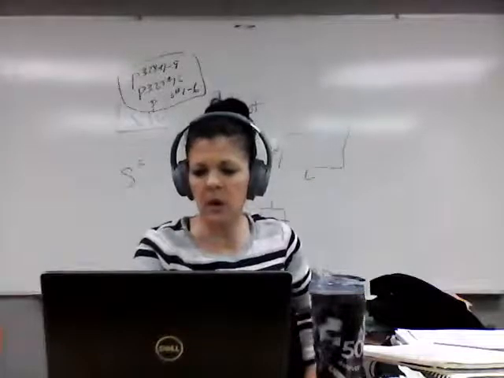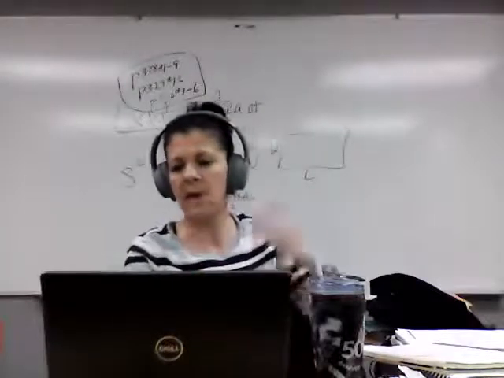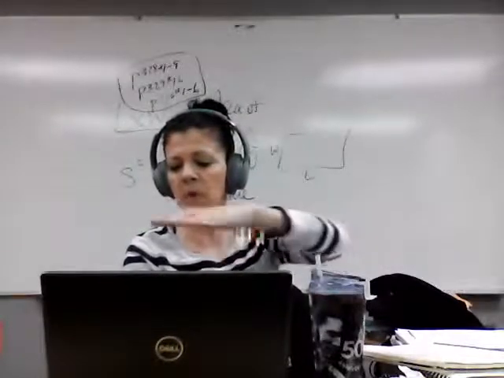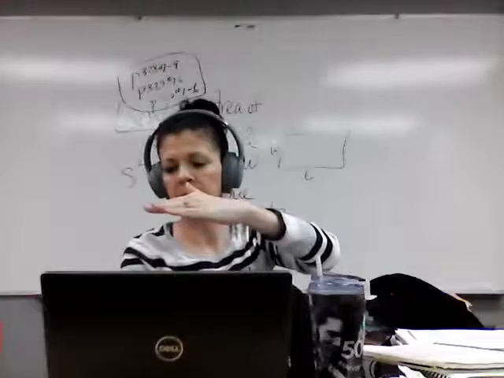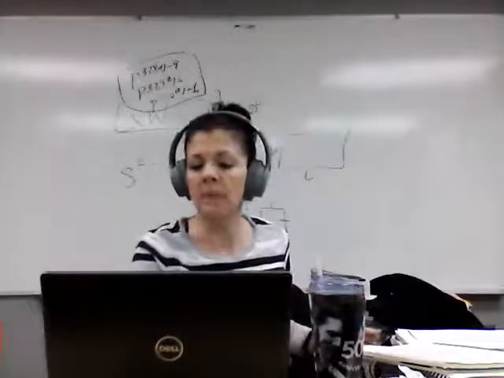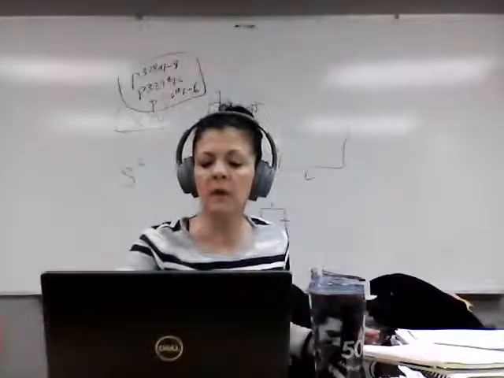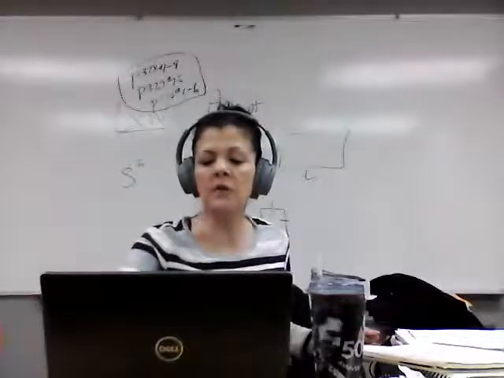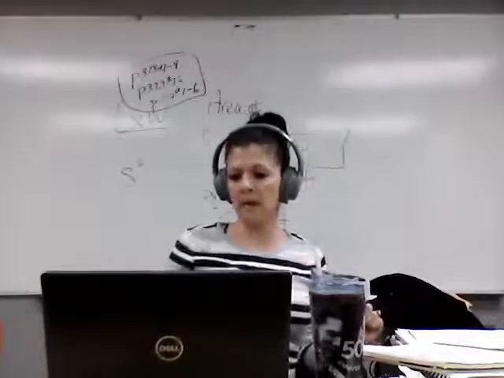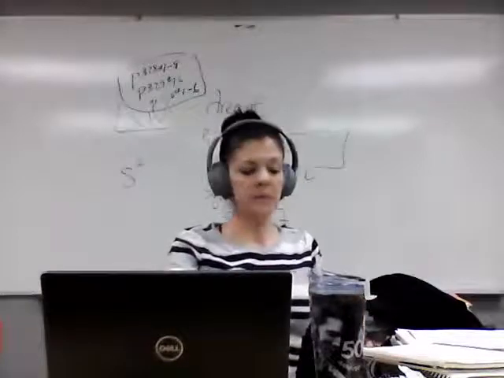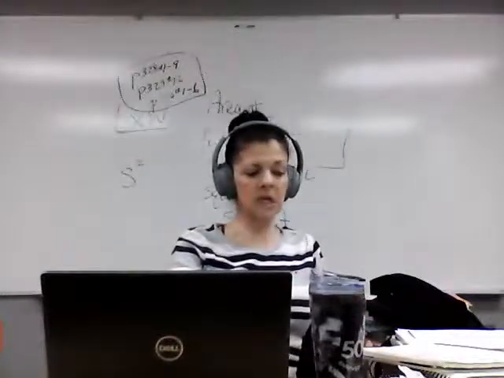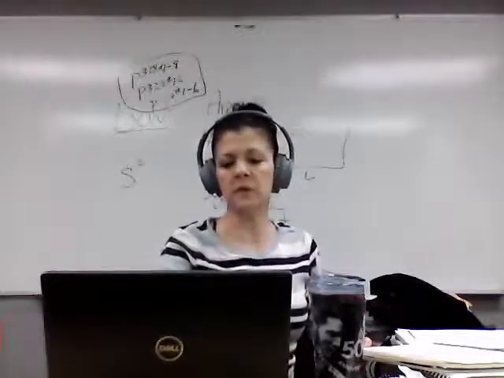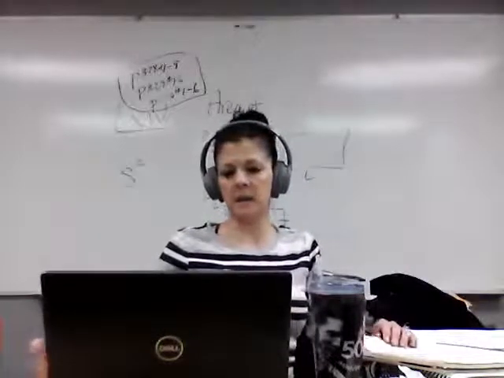Go up 2, 1, 2, and then what's my run on the bottom? 3. So go up 2 and over 3. It's always from the point that you plot. So that's what 22 should look like. Just finish the whole thing like that.